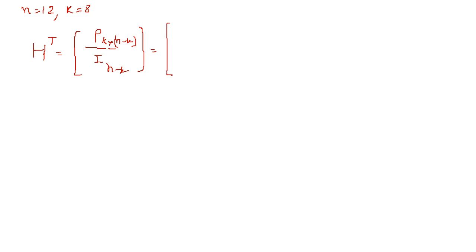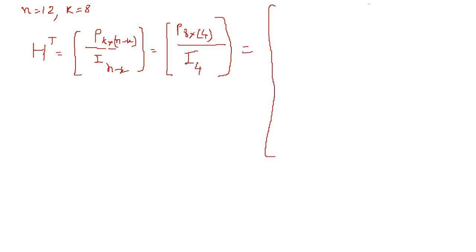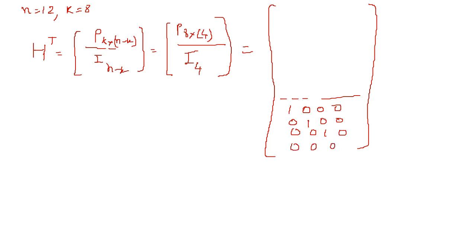Finally what we are going to get is P 8 cross 12 minus 8, which is equal to 4, divided by I 12 minus 8, which will be equal to 4. So we know that now the identity matrix is a 4 cross 4 matrix. So we'll just write this matrix and start filling the other values later. So first is identity matrix. So 1 0 0 0, 0 1 0 0, 0 0 1 0, 0 0 0 1.